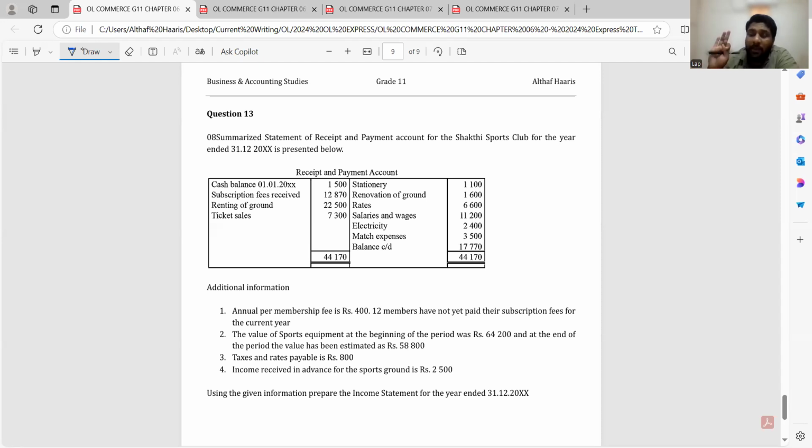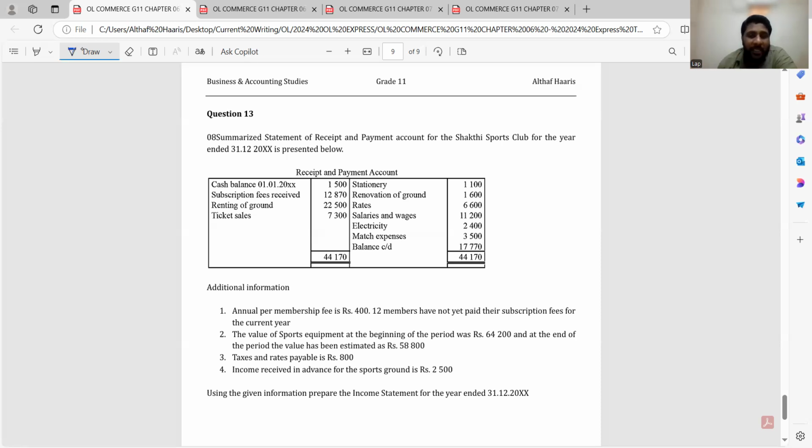Then you have to record the income and expenses. As the third step only, I ask you to do the adjustments. So these are the steps that I ask you to follow. If they have given the cash receipt and payment account, identify the income and expenses and record them in the income statement, then move to the adjustments.